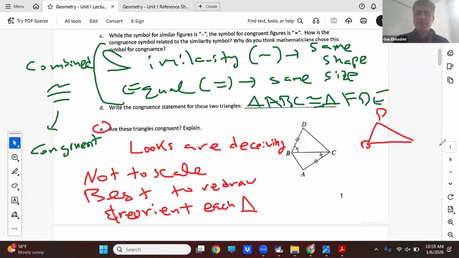So BDC, which looks like this, right? And by the way, BC is shared between both triangles, right? And then this is going to be a little tricky. I'll do my best job to draw it.